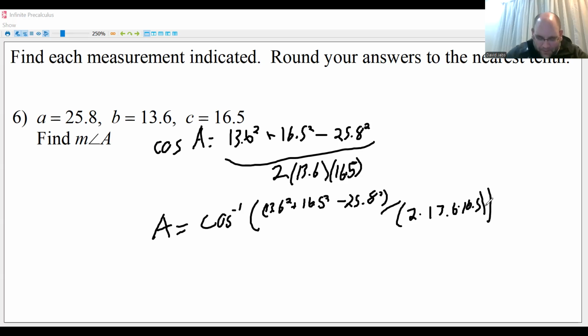Close that whole thing. So when we plug that in, we get 117.7 when we round, because we're rounding to the tenth still. So we're going to get 117.7 degrees.